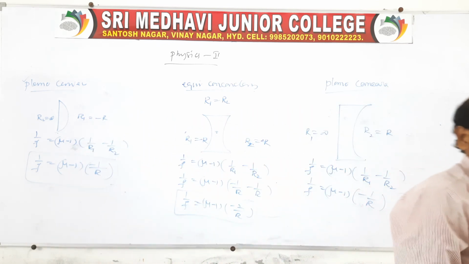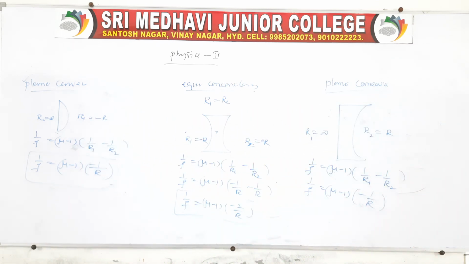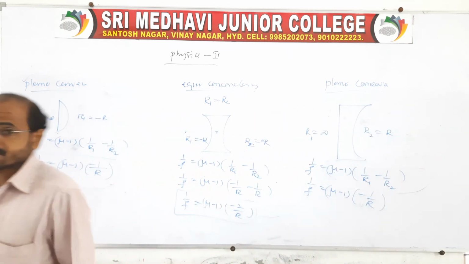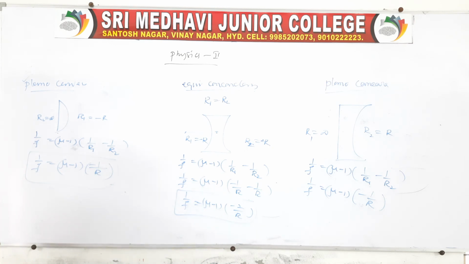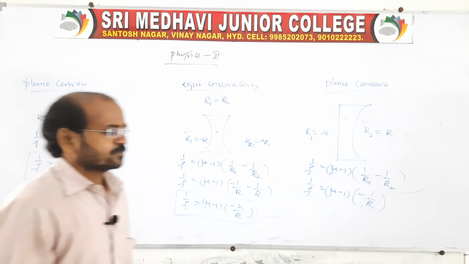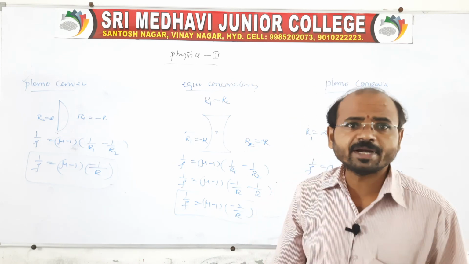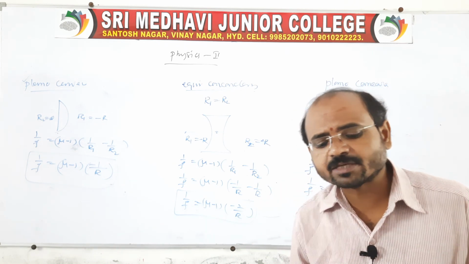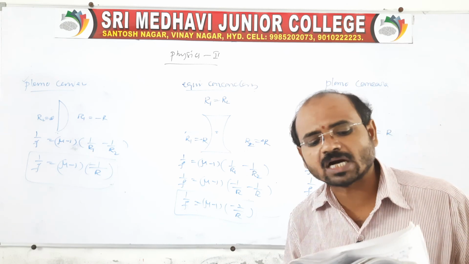Like this, these are the special cases related to the lens maker's formula. If you go through all these cases and remember them, it will help you in the calculation of problems. For problems, it is very important. Actually we have others also, like a converging meniscus, you say concavo convex.